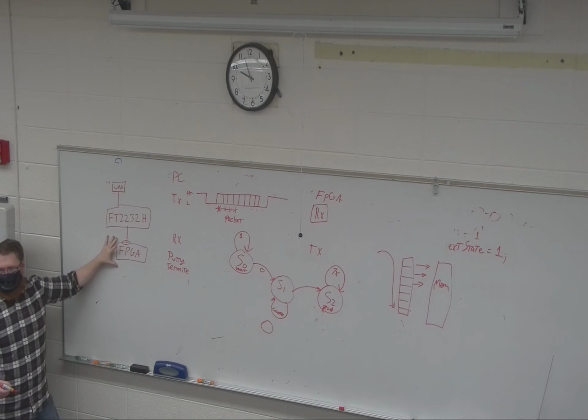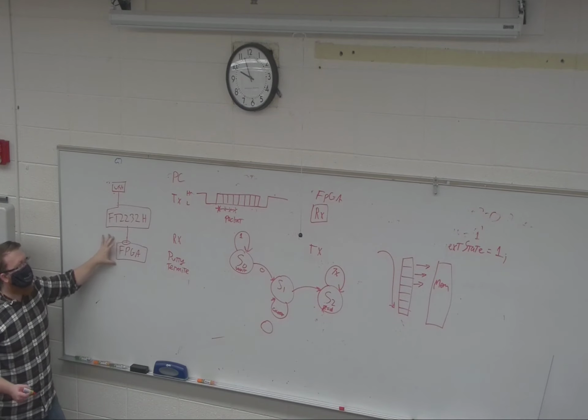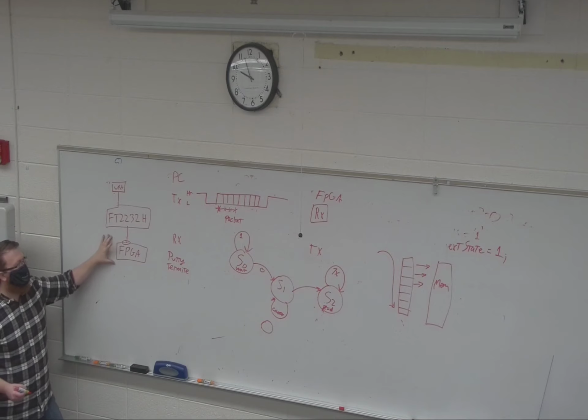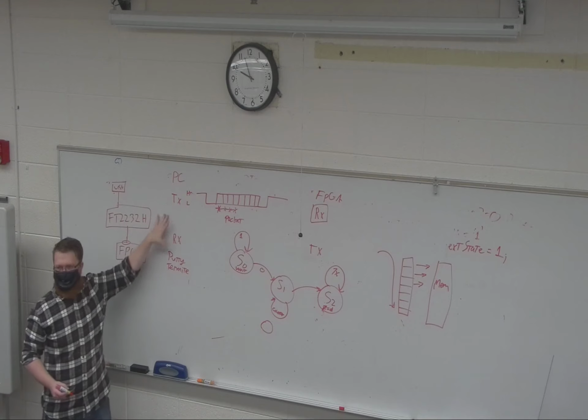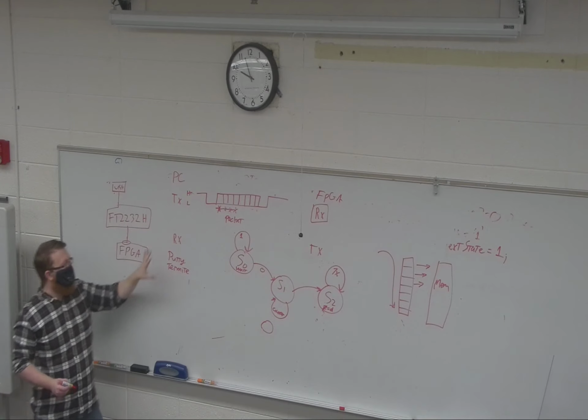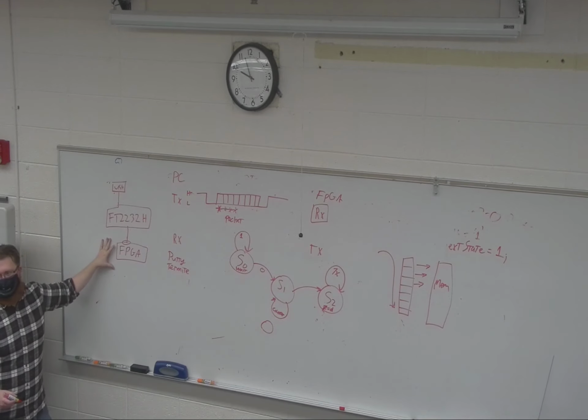The reason I want you to look up the FPGA is because you need to figure out how to tell the compiler to connect that in the FPGA, right? Because you're going to have some TX and RX line. You need to tell them how to connect up to that hardware.